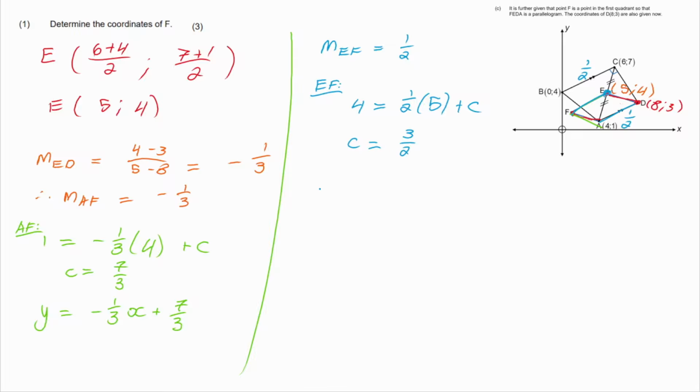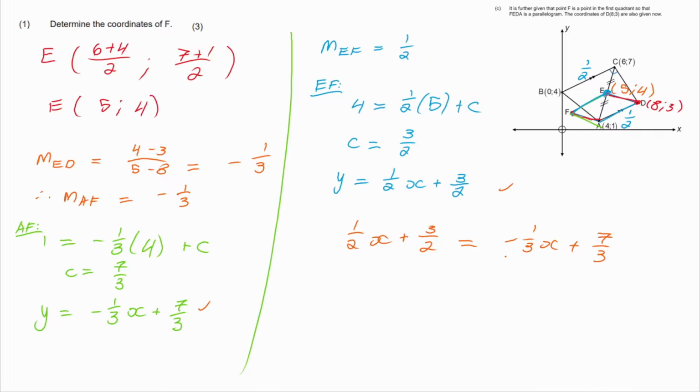Yeah, C is 3 over 2. Okay. So the equation of line EF is y is equal to a half x plus 3 over 2. And now what we have to do is set this line equal to this line. So we get a half x plus 3 over 2 is equal to negative 1 over 3 x plus 7 over 3.